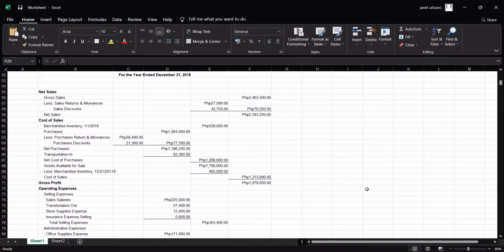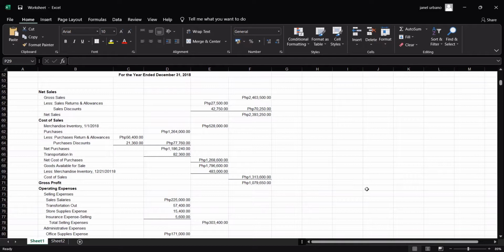Purchases muna tayo mag-focus, yung 1,264,000. Tapos, less yung purchase returns and allowances and purchase discount, makukuha yung 77,760, net purchases. Yung transportation in, add yun, makukuha yung 1,268,600.